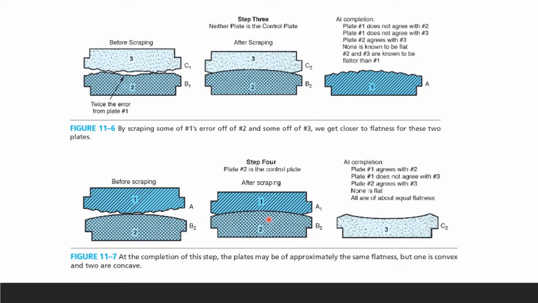So when you take a look at it here, concave, and then the other one is convex. Here is pretty bad, that's before scraping, this is after. But then you still don't have the flatness, okay? So all are of about equal flatness right now. But then they have a little bit of curvature, right?